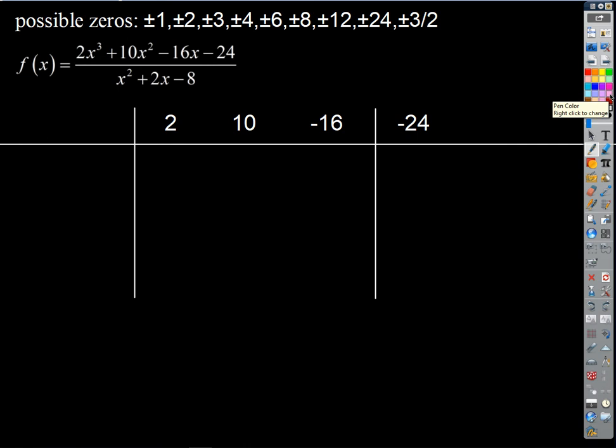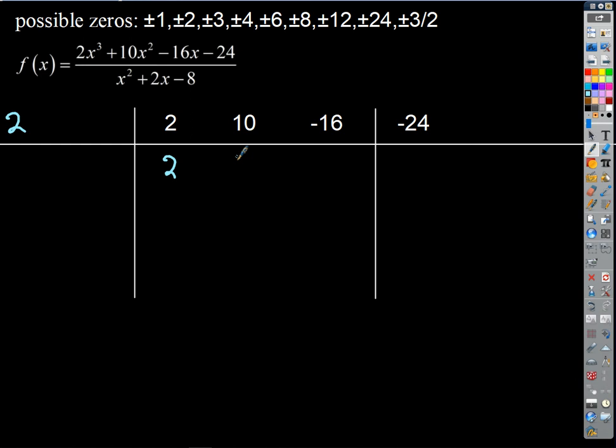If I try 2 out here, what happens? Can you just test it? Yeah, 2 is going to work. So I bring the 2 down. 2 times 2 is 4, plus 10 is 14.